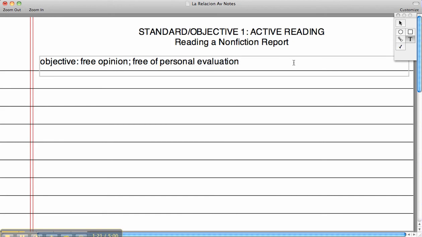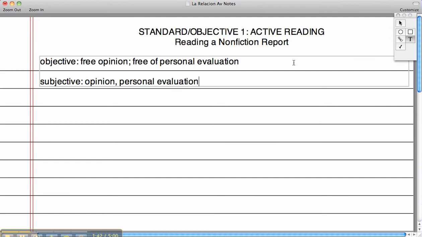In other words, there is no subjectivity. Subjective, obviously, is opinion, personal evaluation. That means it's not necessarily the facts. So it's the opposite.